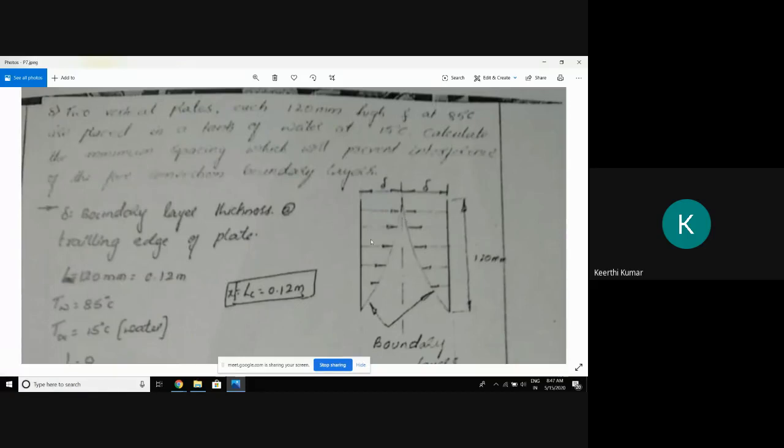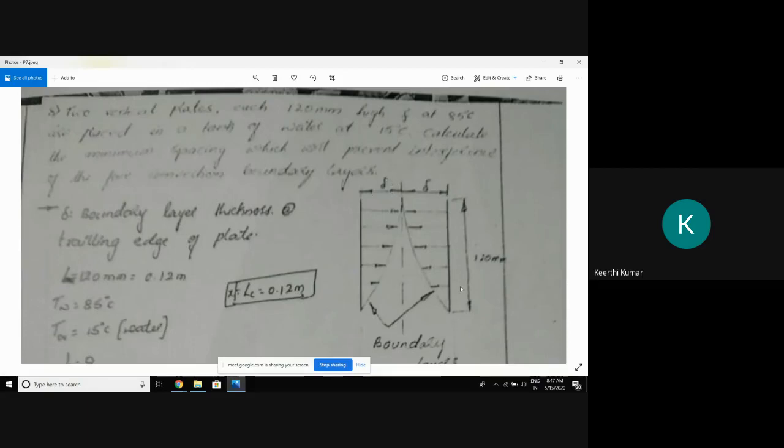So if we keep both the plates parallel to each other, he is asking what is the thickness of this boundary layer, that means delta, at what distance? He is not asking distance, he is asking that both should not interfere, means it should not cross each other. The boundary layer should not cross each other. Like that, you have to find out the value of delta.